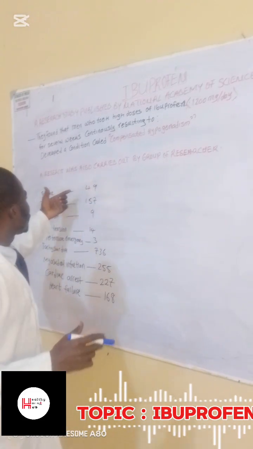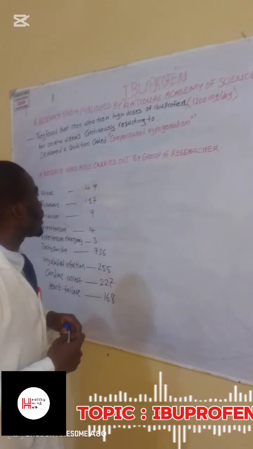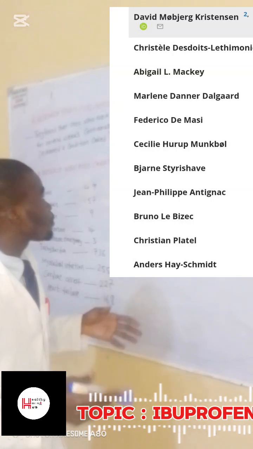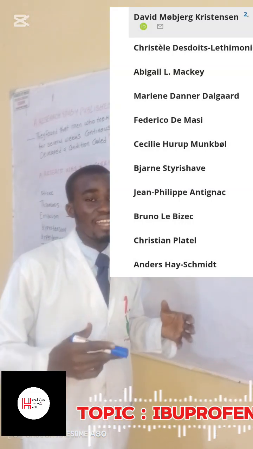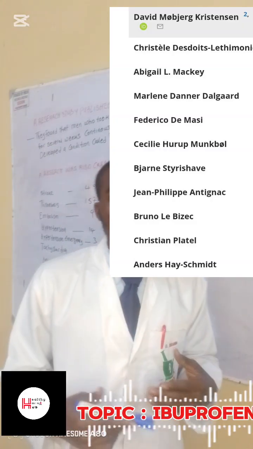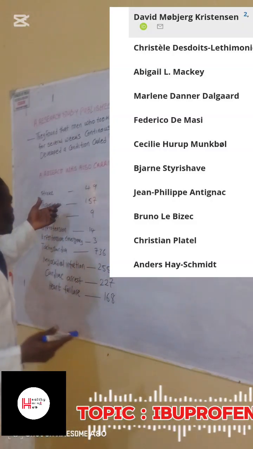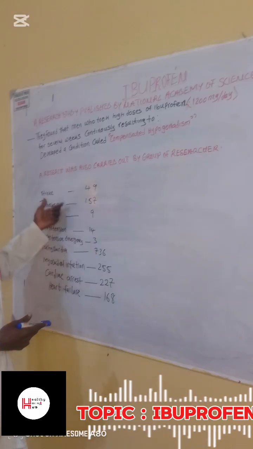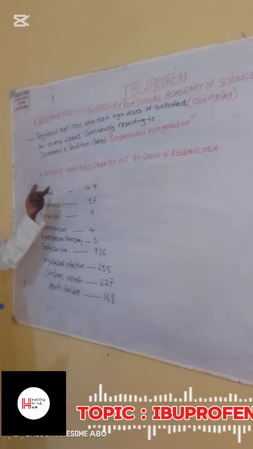And we also have another research carried out by a group of researchers, and they found that ibuprofen carries high risk of causing cardiovascular conditions, and many cases have been reported from the effect of ibuprofen.